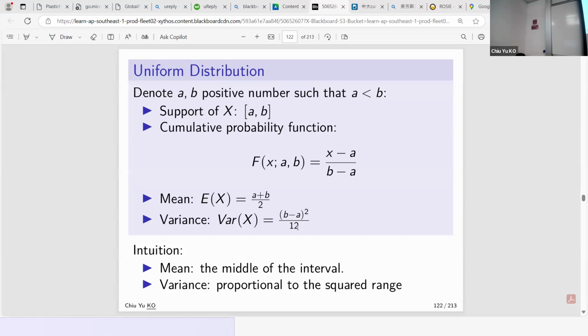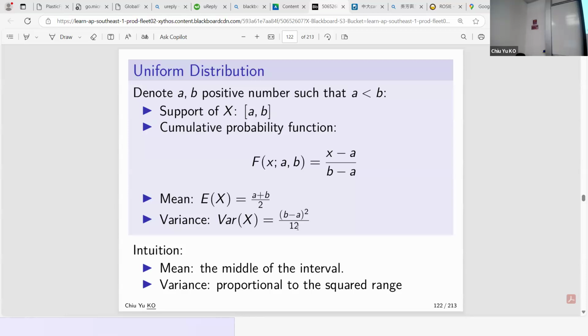I think the only thing that's not intuitive is the variance. To prove it, you require calculus. But it's a fraction. The numerator is B minus A squared, which is not surprising because B minus A is the range. The only thing that still puzzles me is that you divide it by 12.